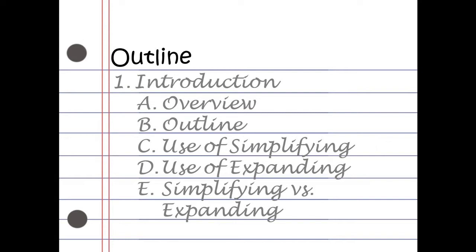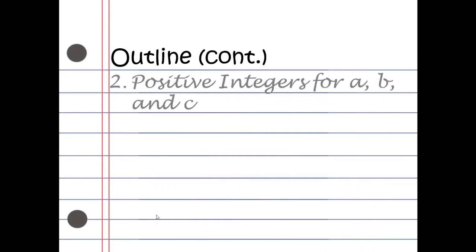Basically, I'll be explaining that if I show the why behind for simplifying fractions, I'm also showing the why behind for expanding fractions. Then I'll be using a visual to explain the why behind for simplifying fractions, where A, the numerator, is a positive integer, B, the denominator, is a positive integer, and C, the multiplier or divider based on if you're expanding or simplifying fractions, is a positive integer.